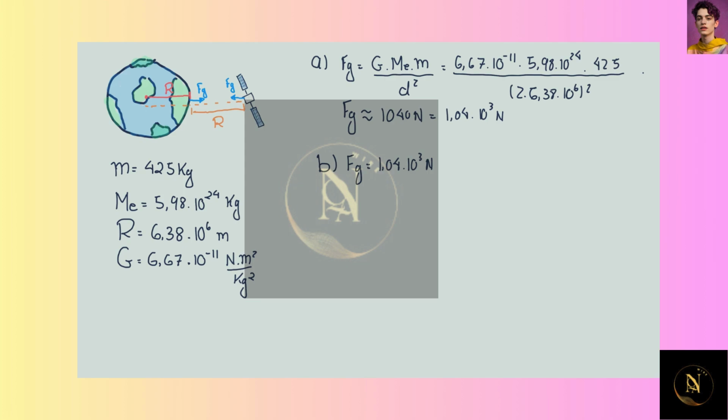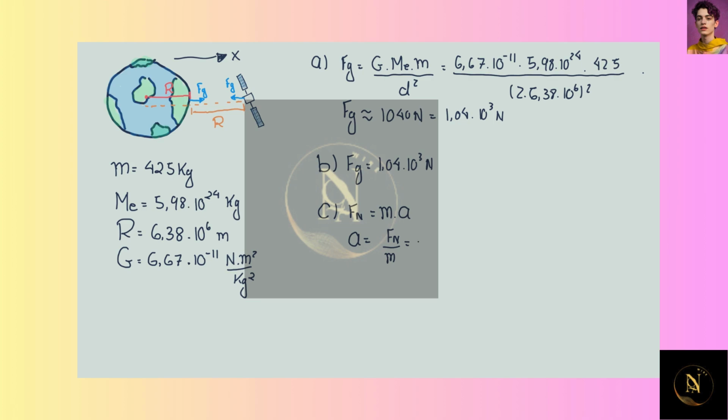On the next item, we have to calculate the satellite's acceleration. For that, we have to use Newton's second law. Let me choose this to be my reference frame, and I will call this axis x. Then, the net force exerted on the satellite is given by the satellite's mass times its acceleration. Therefore, the acceleration of the satellite is given by the net force being exerted on it divided by its mass. The net force exerted on the satellite is the gravitational force that is being exerted to the left.